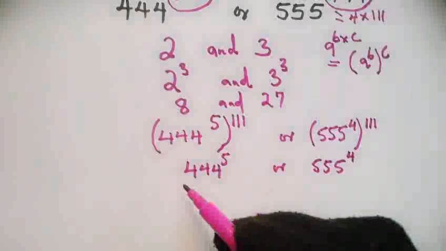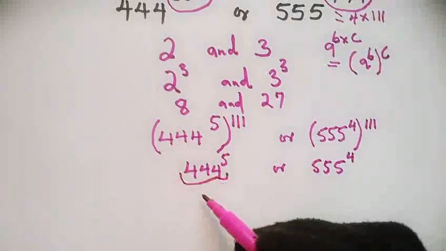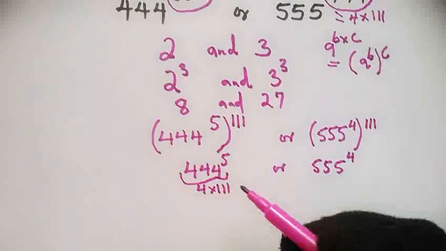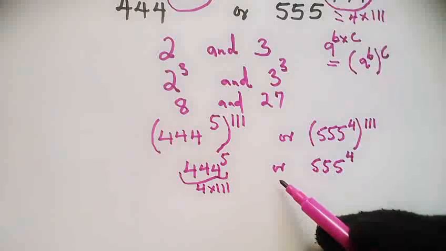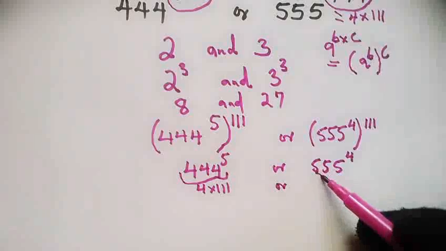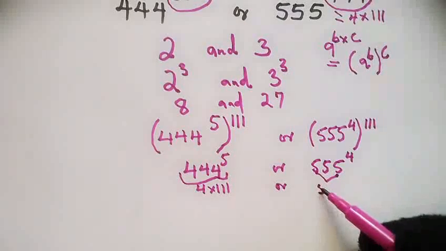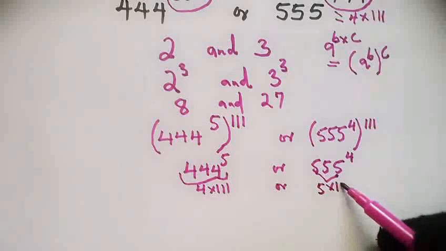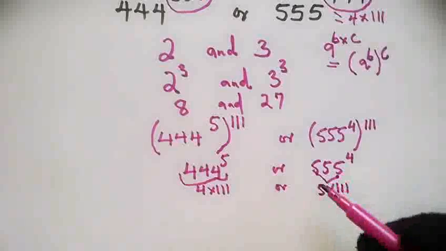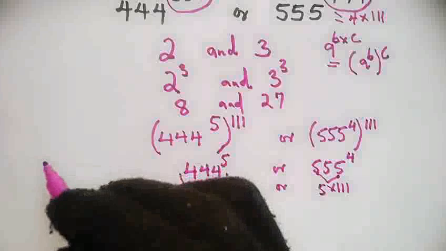Now the bases here, you will all know that this 4, like I've said earlier, is the same thing as 4 times 1, and again here, we all know that this 5 is the same thing as 5 times 1.